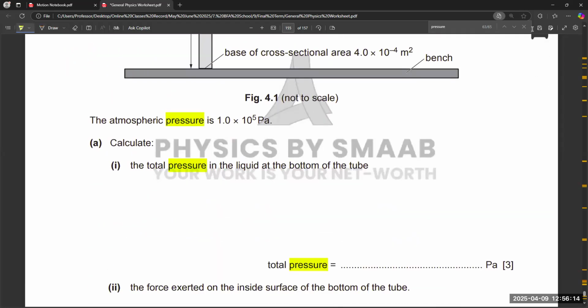Atmospheric pressure, you can see, is a constant value that is also given in the question because it remains the same. And in the first part, you have to calculate the total pressure in the liquid at the bottom of the tube.